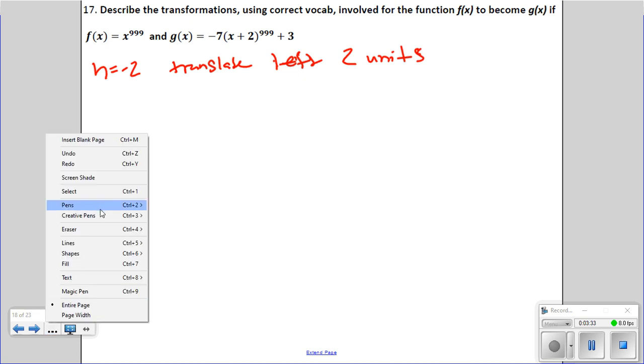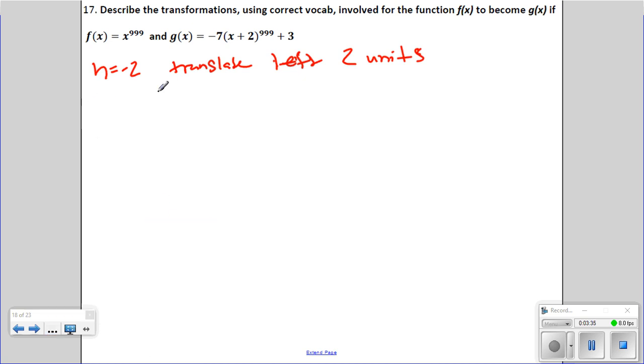Now, once I leave the house, they're all vertical movements. So now let's do the first one, which is a, and it's negative 7. The negative reflects over the x-axis.